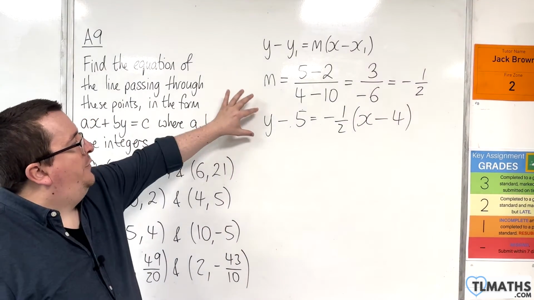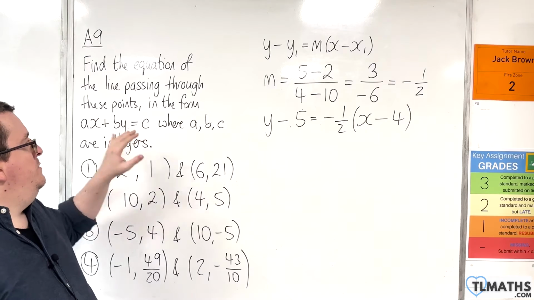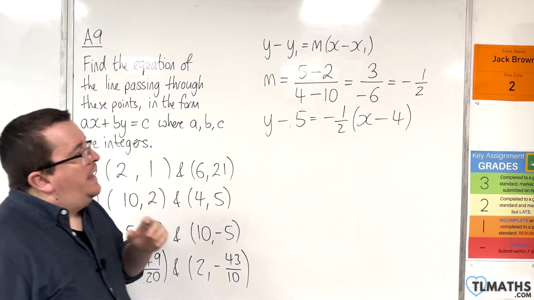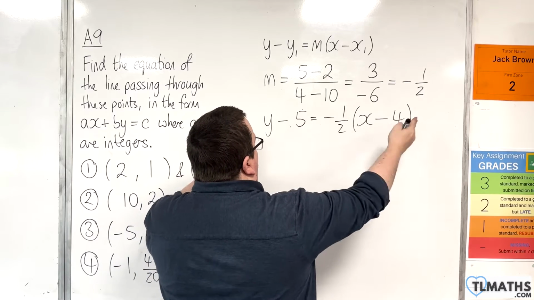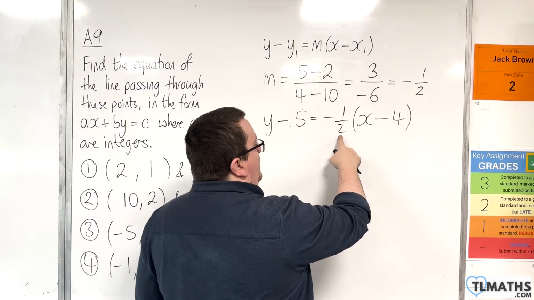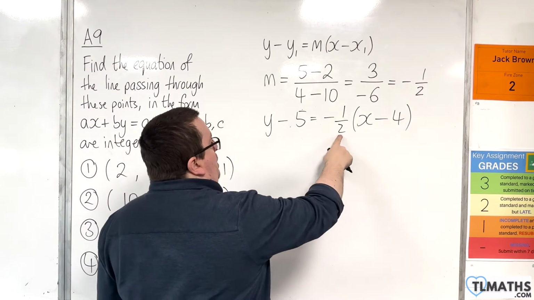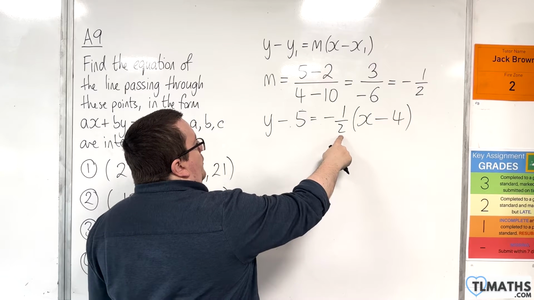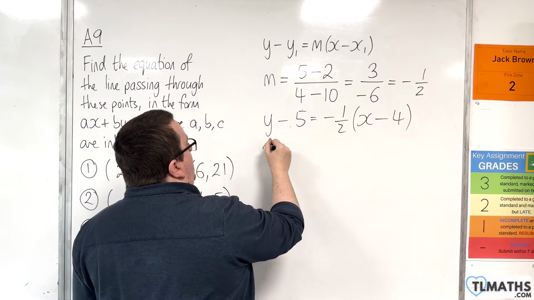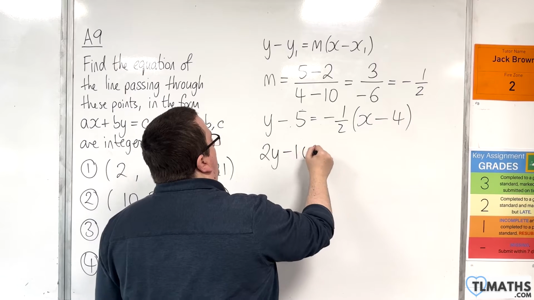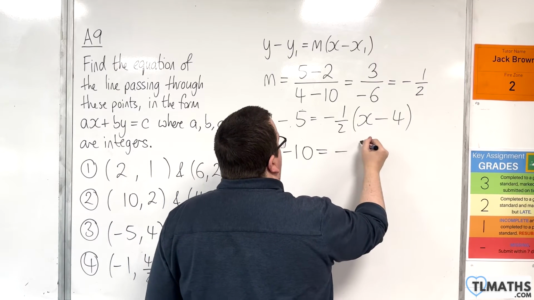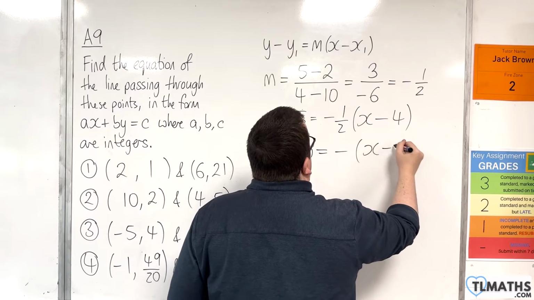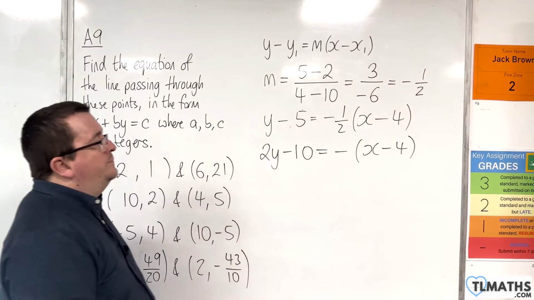So when you get to this stage here, and you know you need to get integers, if you multiply through by 2 now, okay, multiplying through by 2 because that's the denominator, and that will get rid of the fraction. So if you multiply through by 2, we're going to get 2y take away 10 is equal to now just minus 1 lots of (x take away 4).